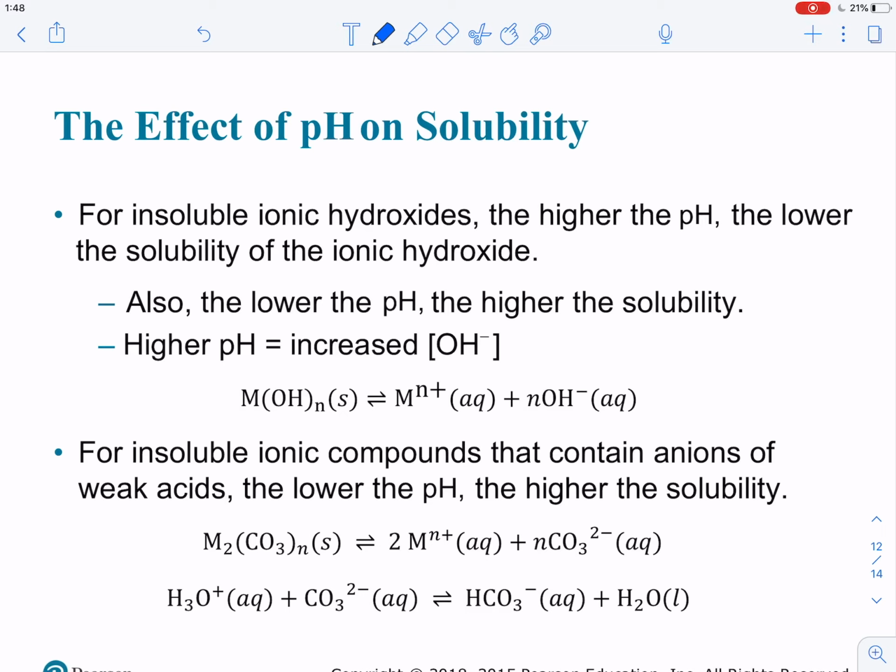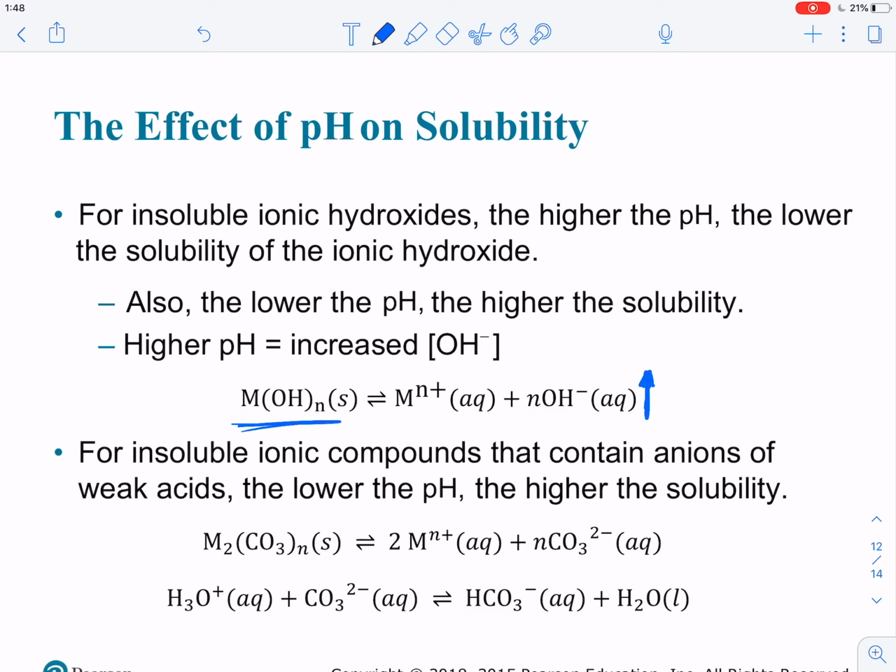In what way? If you have a hydroxide, and you increase the pH, it means you increase the concentration of hydroxide.